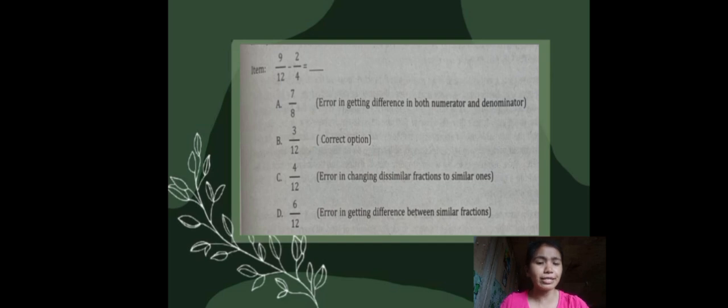So, pipiliin mo yung A. So, which is error, which is mali. So, it will become error in getting difference in both numerator and denominator.